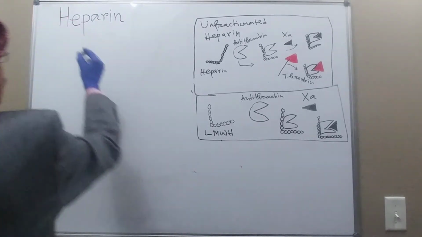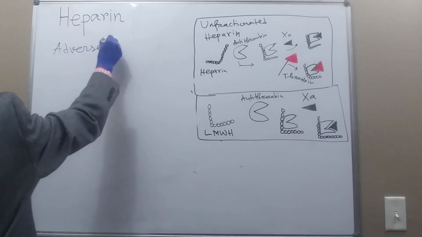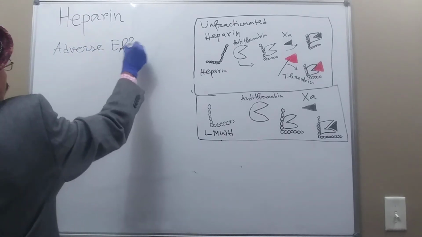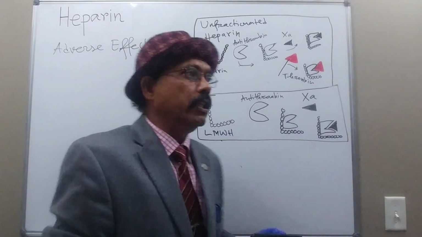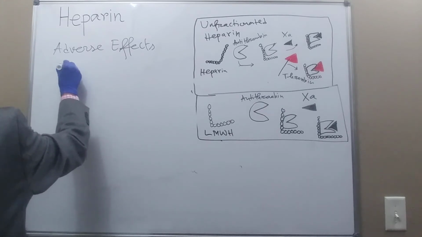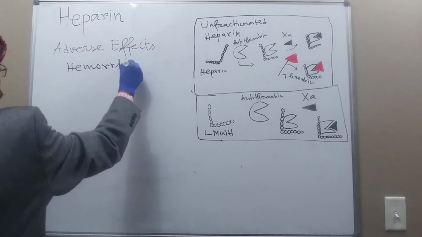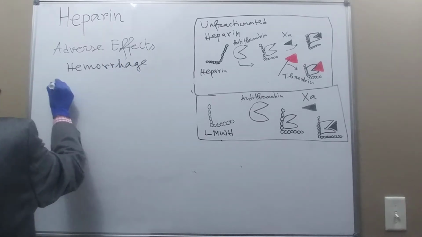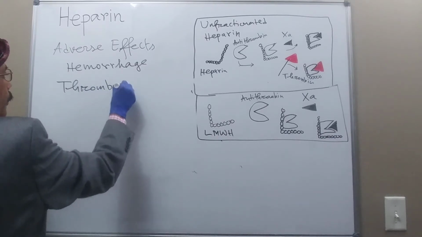Now we'll go to the adverse effects of heparin. Because it's an anticoagulant, there will be bleeding or hemorrhage. There will be thrombocytopenia.